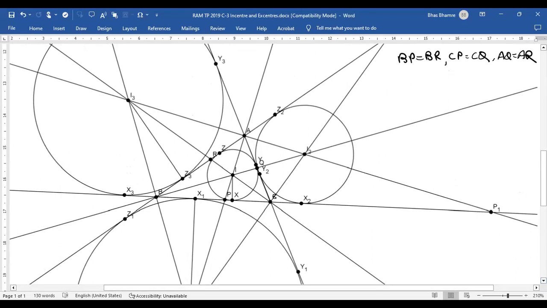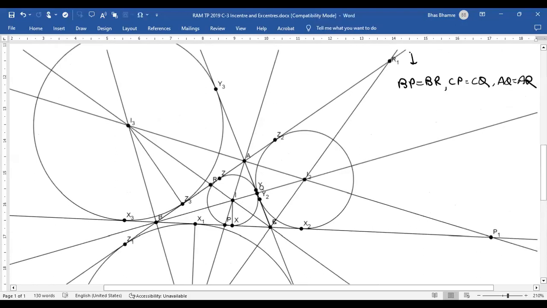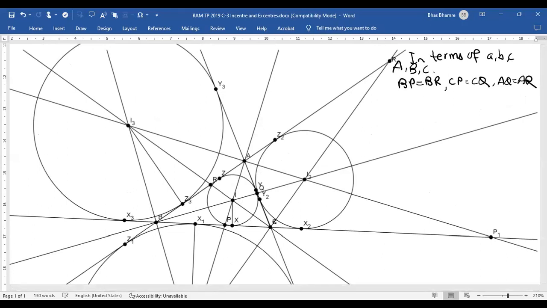These are equal tangent segments from an exterior point. Each we can find out in terms of a, b, c and angles A, B, C if required.